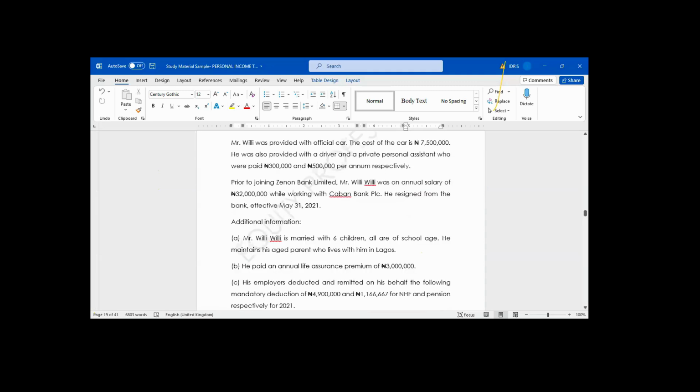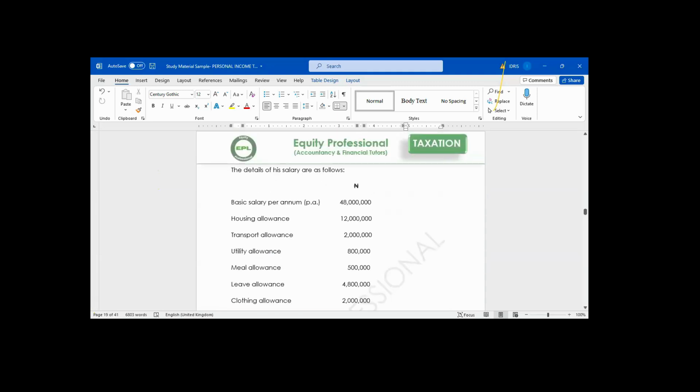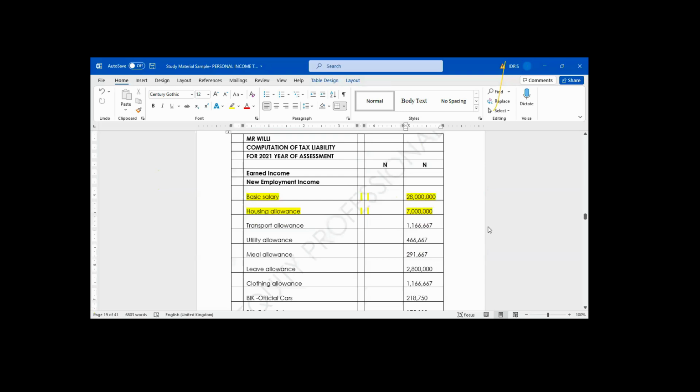Transport allowance: 7/12 times 2 million. That gives 1 million 1,666,667.